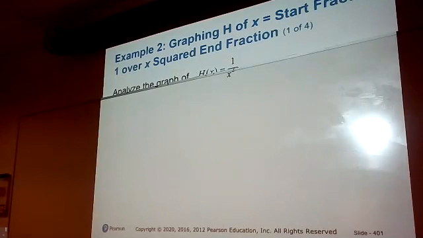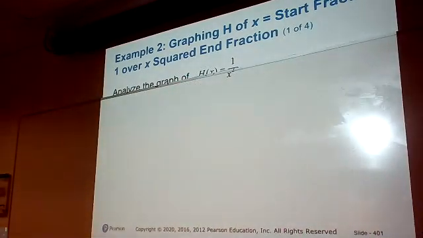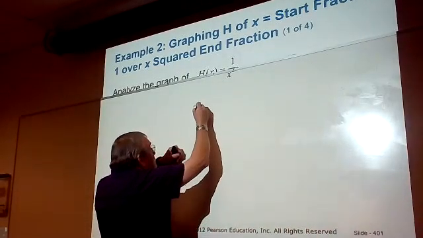So to analyze this graph, we look at those components. We look at what happens here, right? What is the domain? Well, the domain is all real numbers but 0. Why not 0? Why can't I have 0? Because the function is no longer applicable at 0.